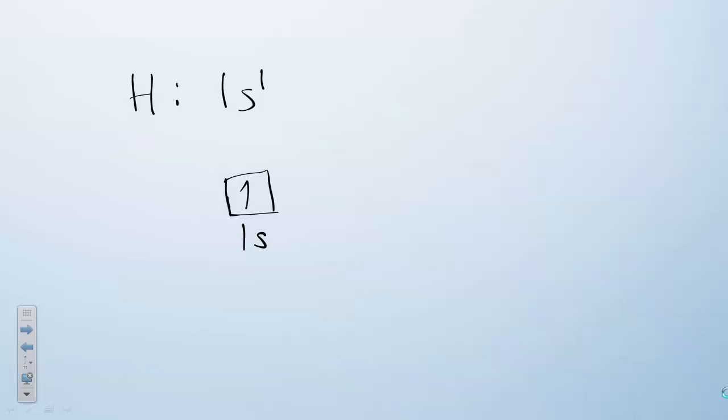Now, from this description here, we can get the quantum numbers of this electron. Remember that this 1 right here has reference to the n value. So this tells us right away n equals 1. This letter right here, I'll underline in green, this tells us the l value. l equals 0.